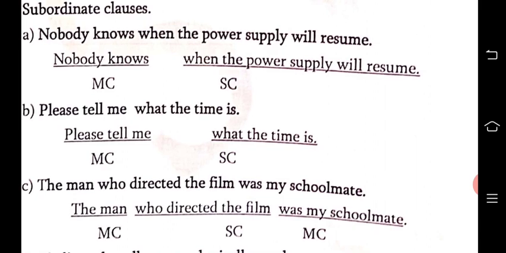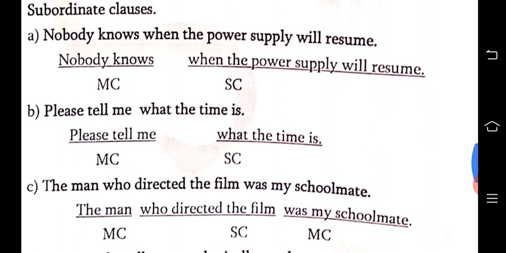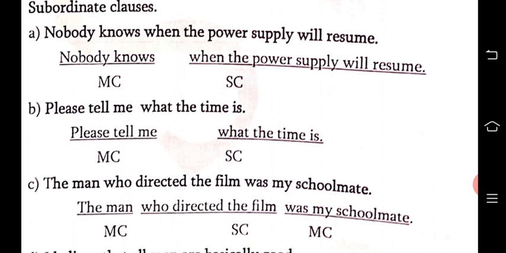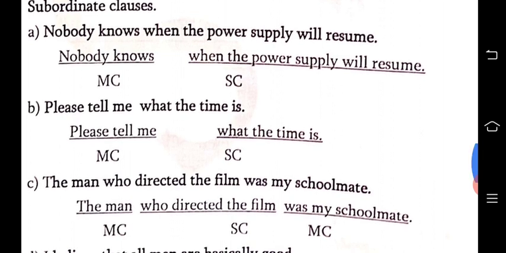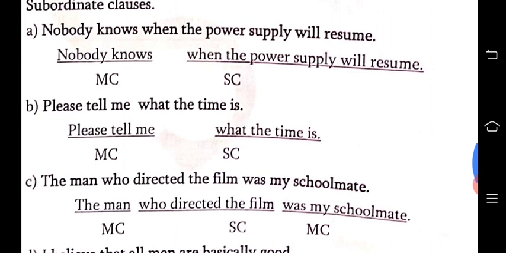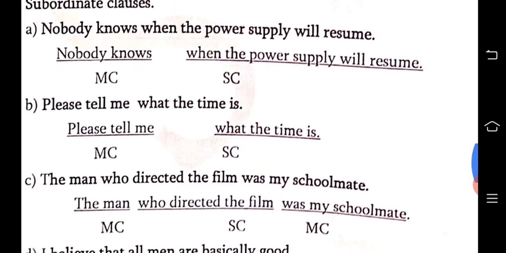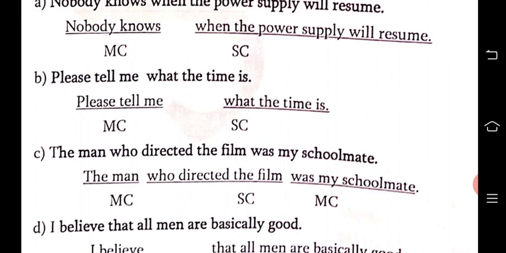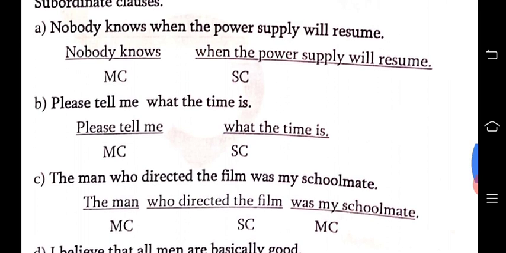Okay. So see, nobody knows when the power supply will resume. Nobody knows is the main clause. Then when is the subordinate conjunction, the power supply is the subject, and will resume is the sequence.